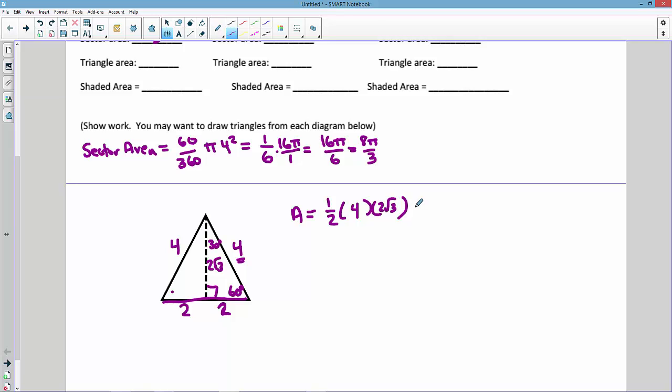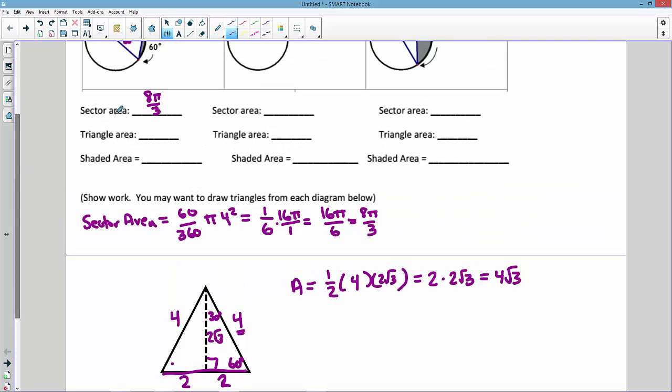Okay, the 1/2 times 4 is 2. So that's 2 times 2 radical 3. And that's 4 radical 3 total. Okay, so that's the area of the triangle, the equilateral triangle. So this is 4 radical 3.